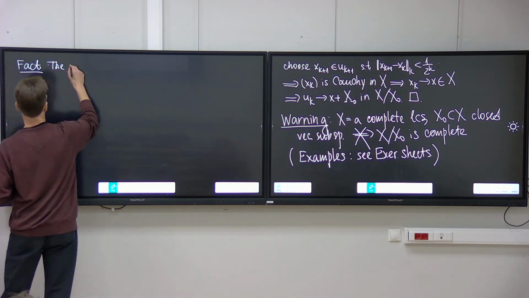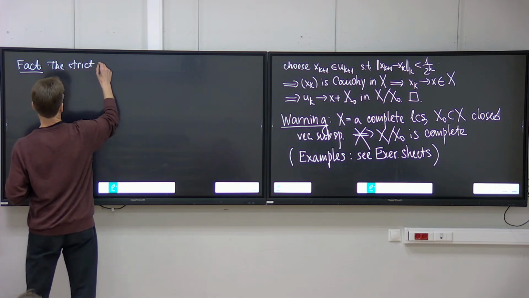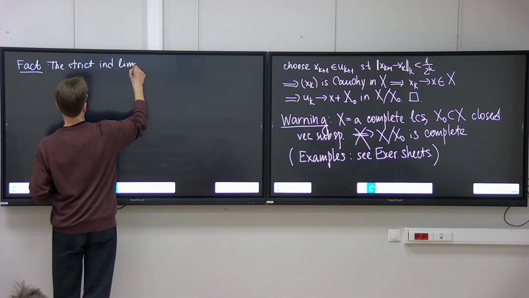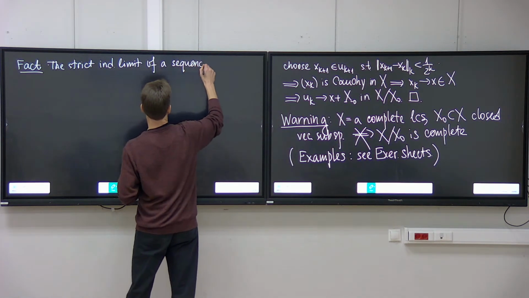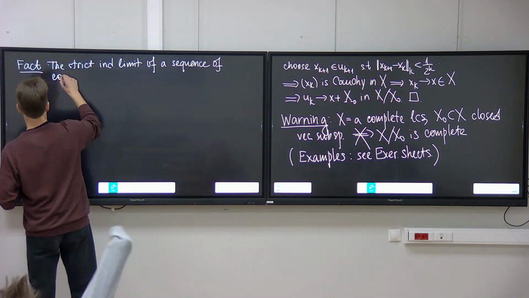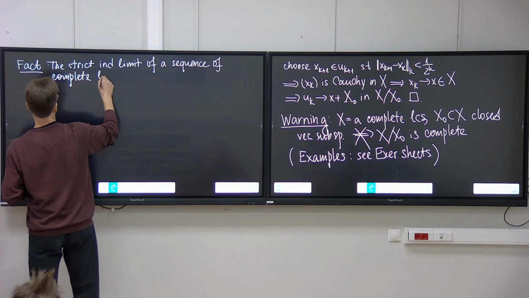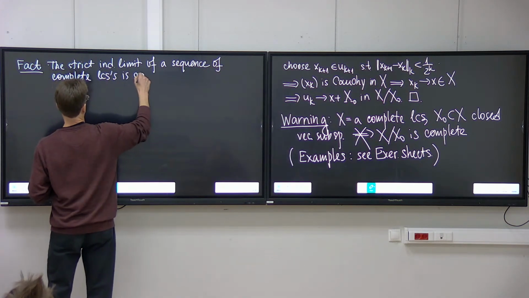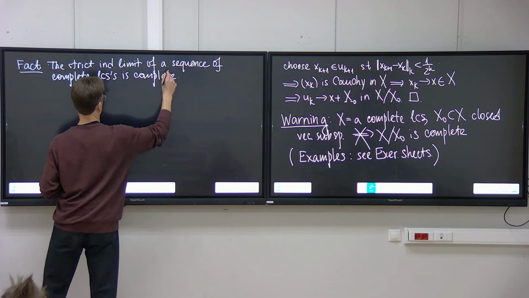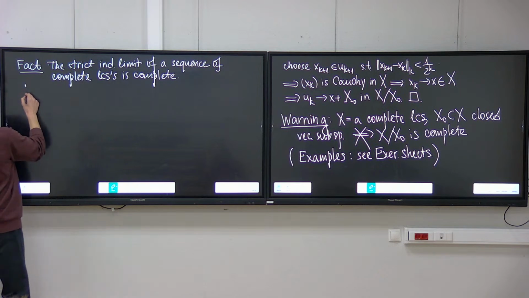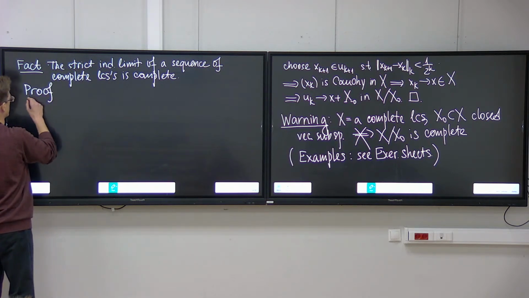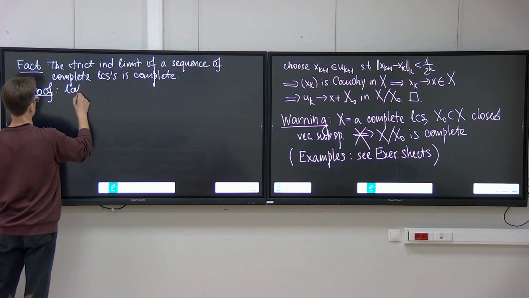The strict inductive limit of a sequence of complete locally convex spaces is complete. Strict is when all our maps are topologically injective. Yeah, this is not entirely trivial. The proof will be given later after we discuss completions.